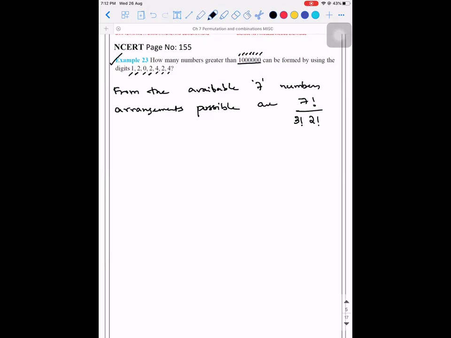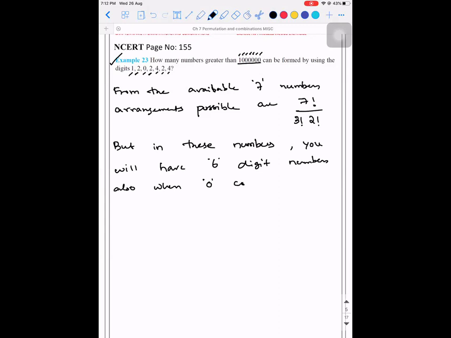Right. But in these numbers, what will happen? You will have 6-digit numbers also. Why? Because 0 comes at the start. 0 comes in the left extreme position.